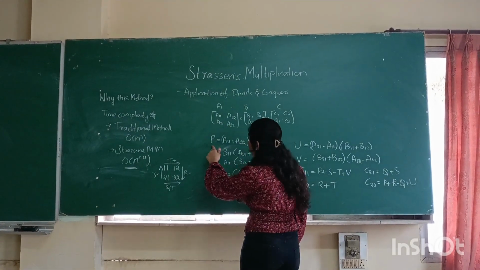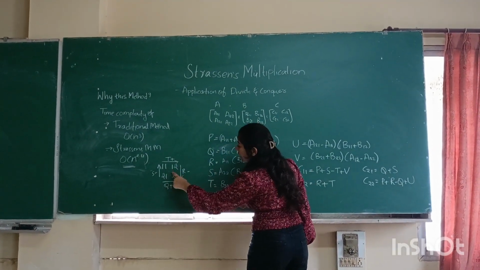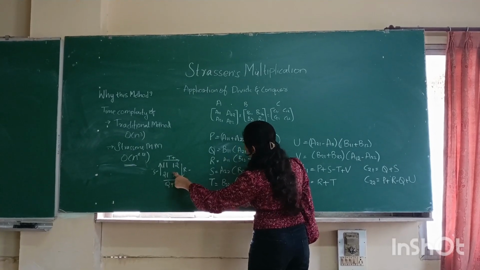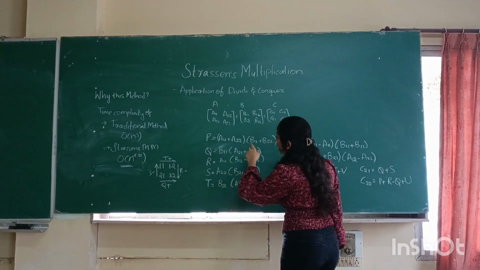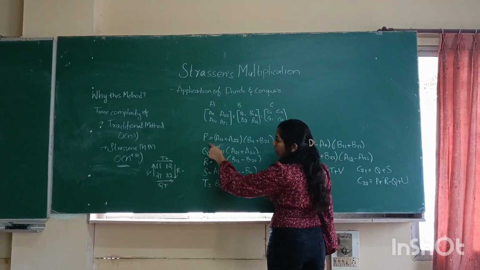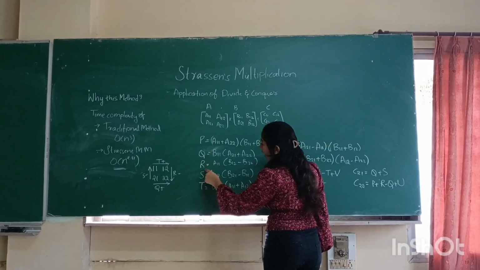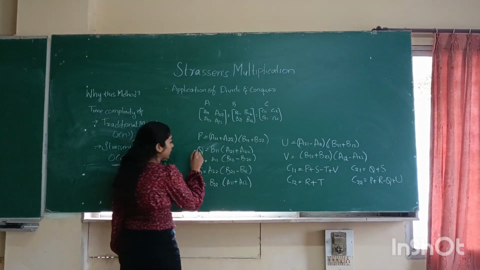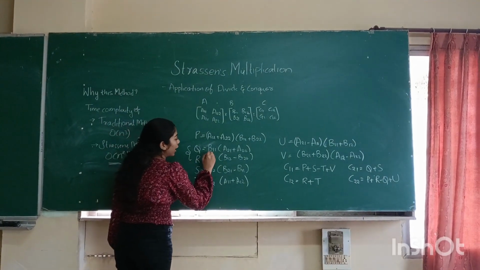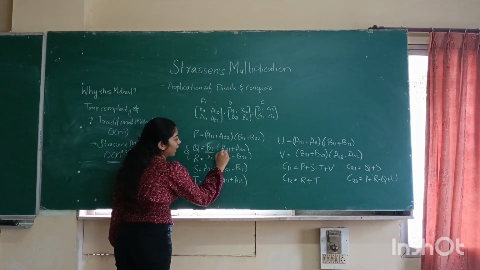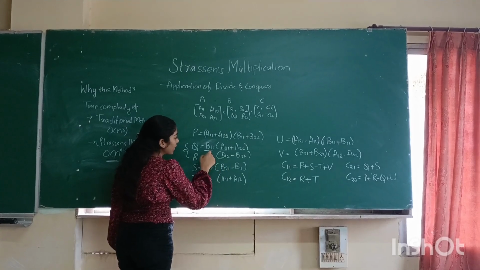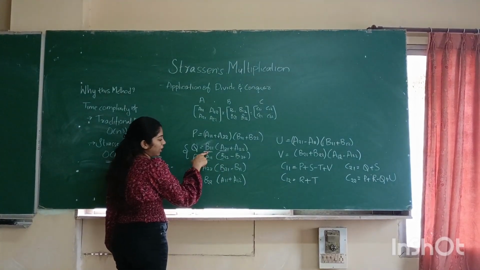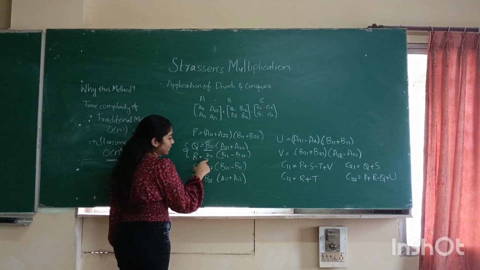Coming to B, take it diagonally: A11 plus A22 into B11 plus B22. If you multiply these both, you will get the P value. Coming to Q and R, consider this as a set. If you write B here, inside it should be A, and if you write A here, inside it should be B. So for Q it is B11 and for R it is A11.